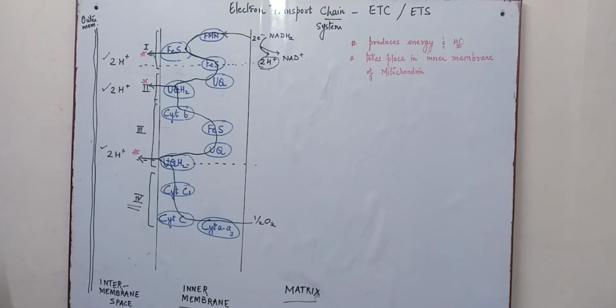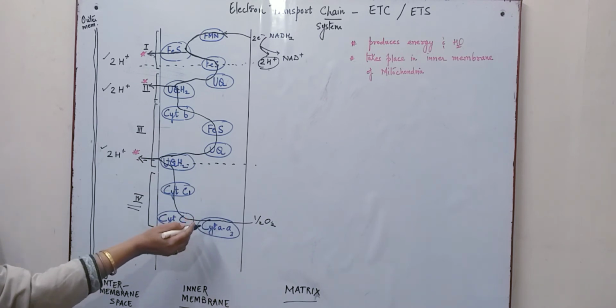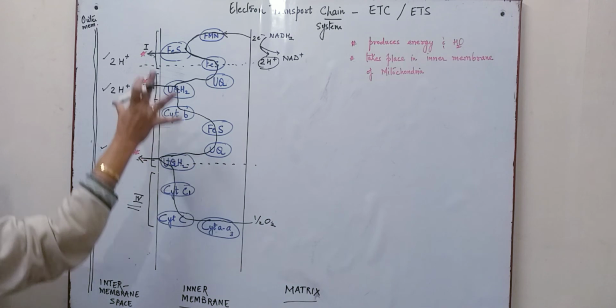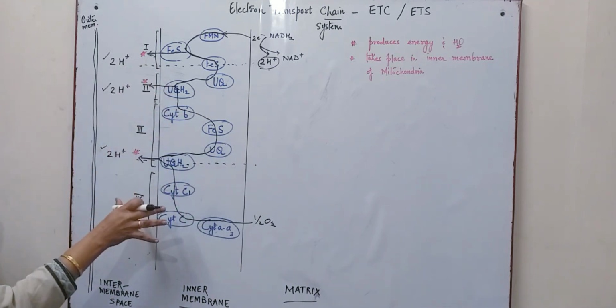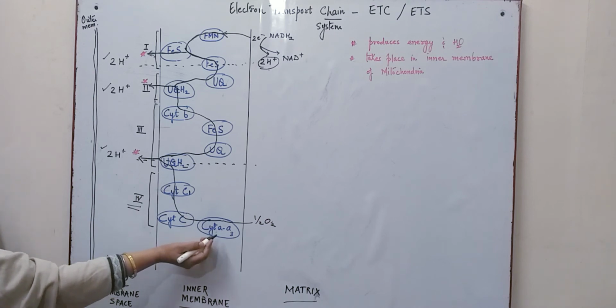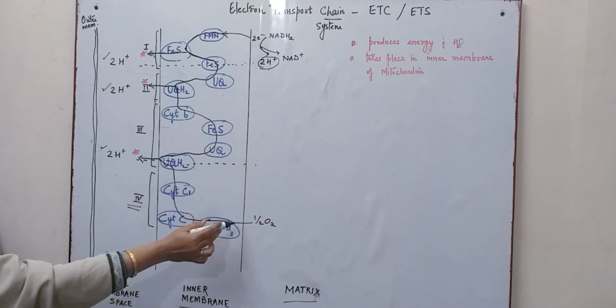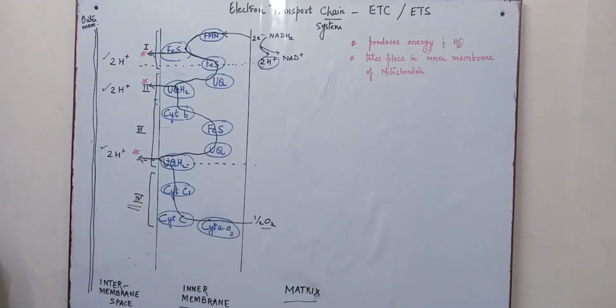The last electron acceptor in this electron transport chain is cytochrome A3. And finally, when the electron comes out of the chain, it is accepted by oxygen.